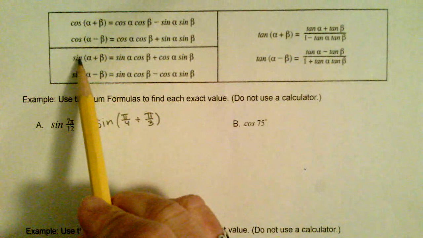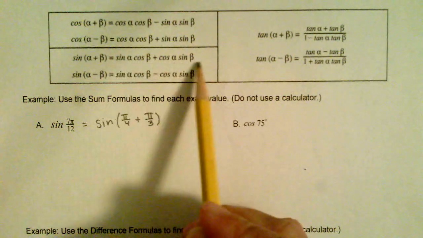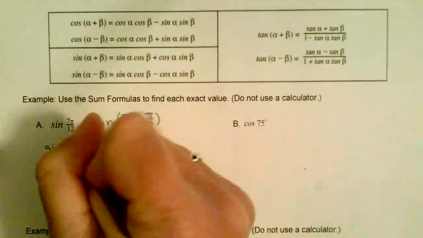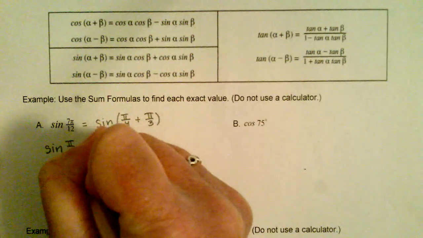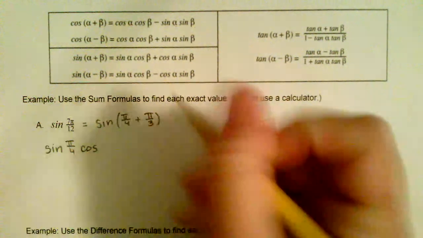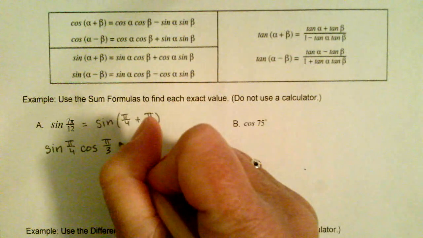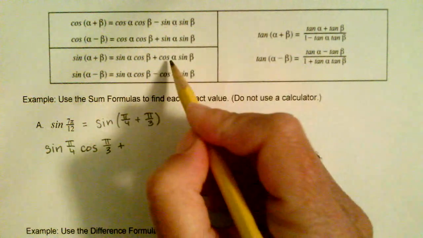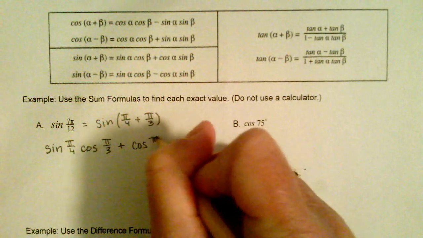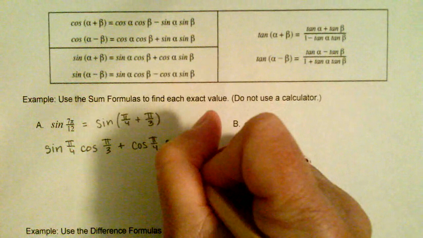I am looking at the sine of the sum, so I'm using this formula. So it is the sine of the first, so sine of pi over 4, times the cosine of the second, plus the cosine of the first, times the sine of the second.